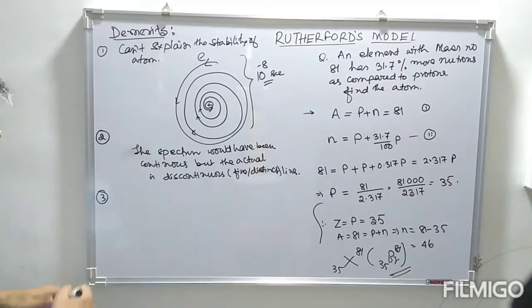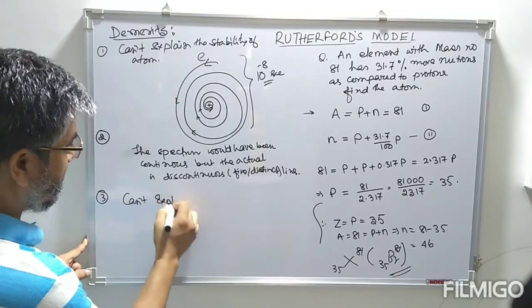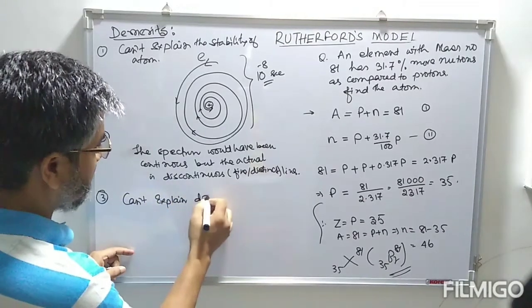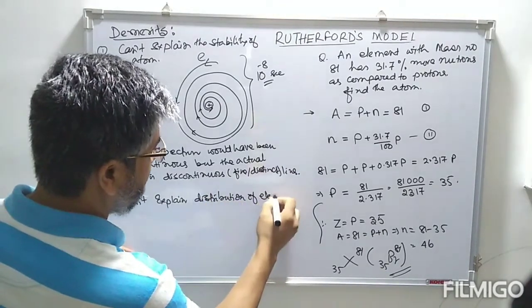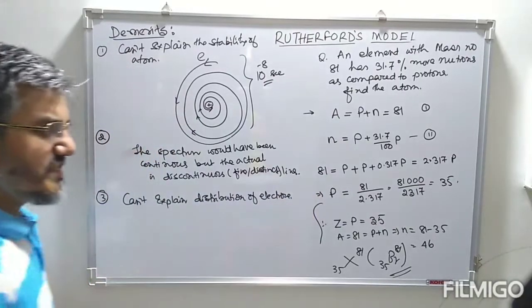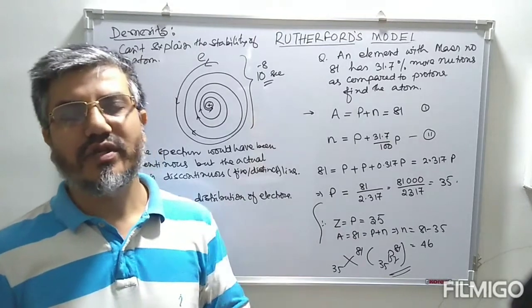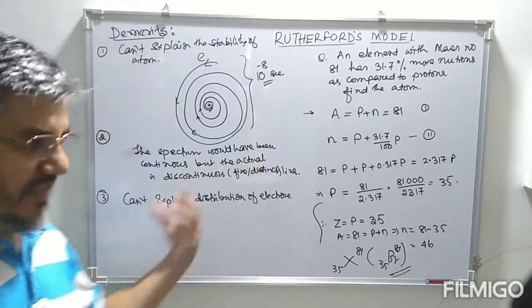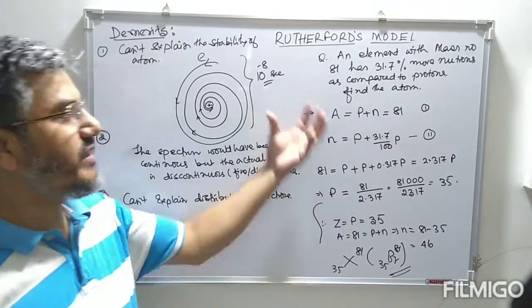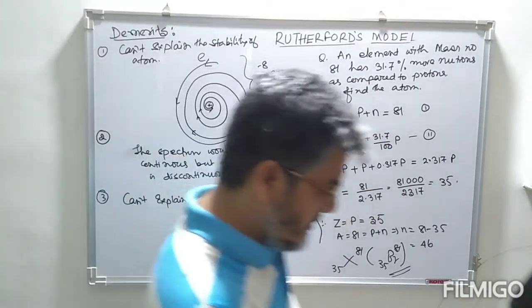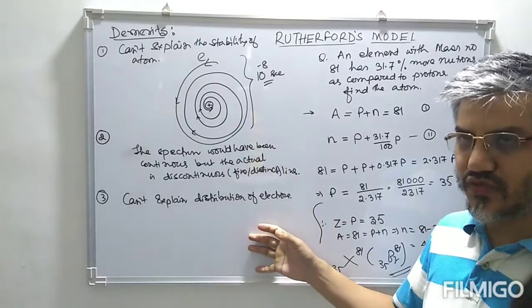So the placement of electrons and the number of electrons to be placed in a particular orbit cannot be explained by using Rutherford's model.